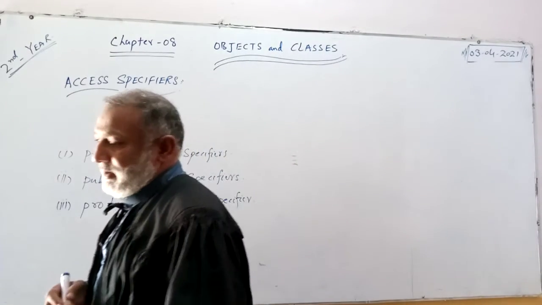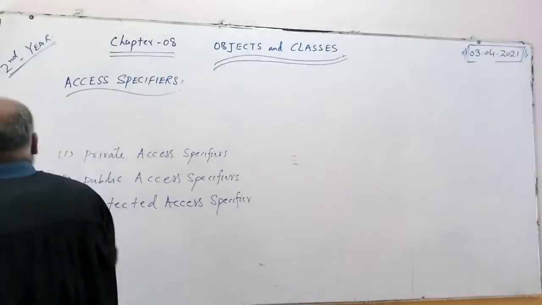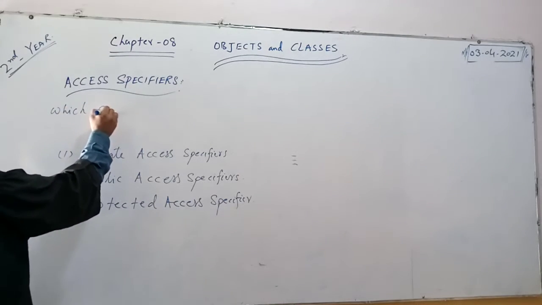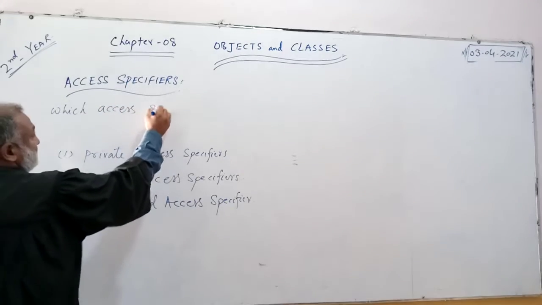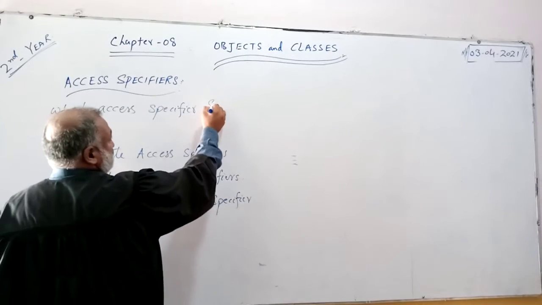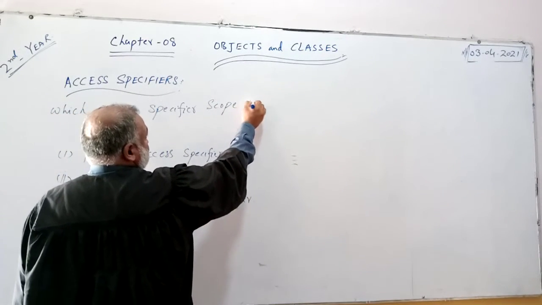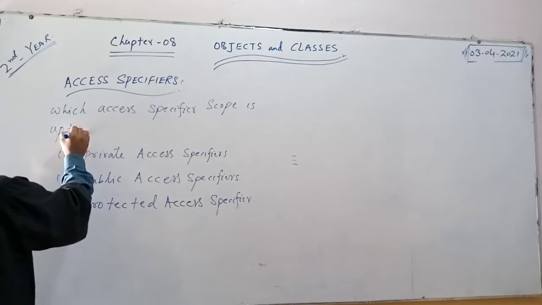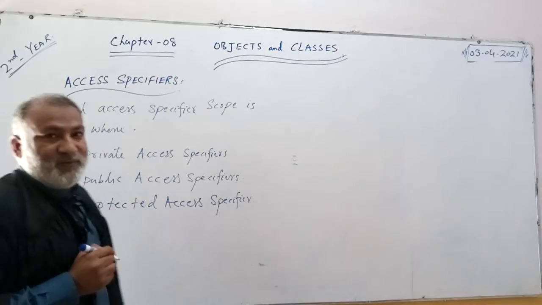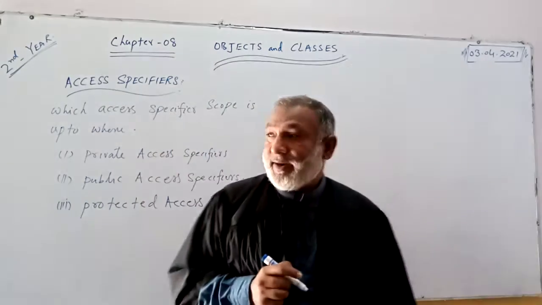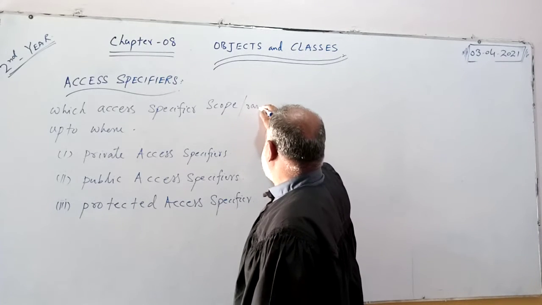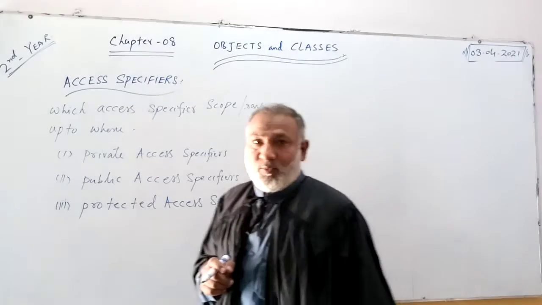If I write this in a single line, an access specifier defines the scope or range up to where a member can be accessed.